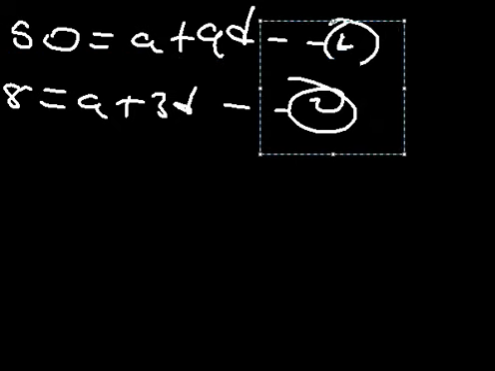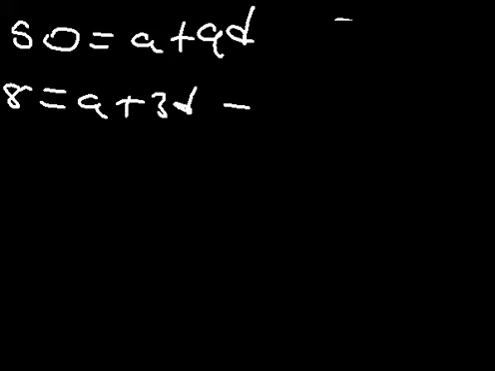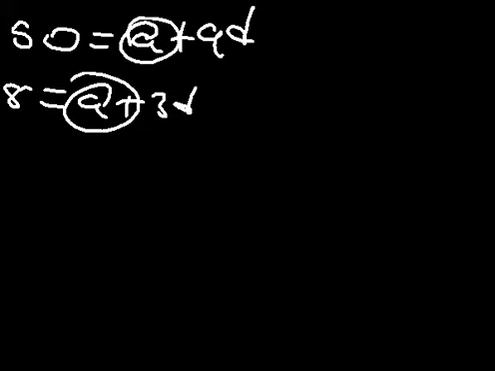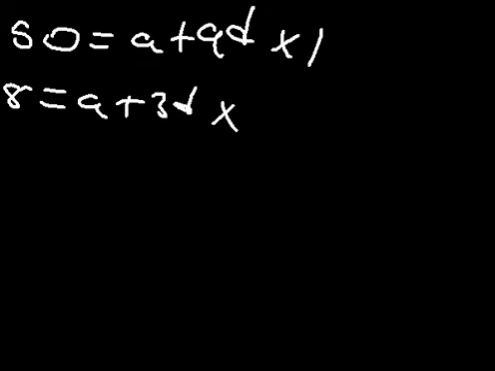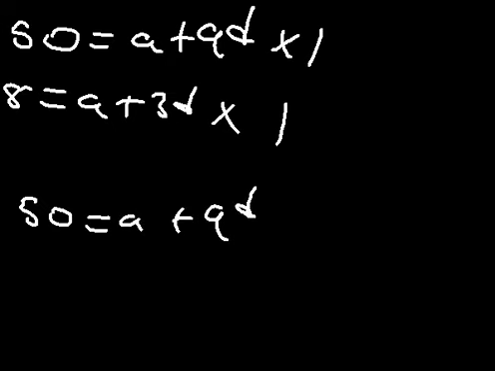So how should we be able to find the first term as well as the common difference in that way? Let's use the elimination method. As you can see, we have single a's in both equations. So we multiply this one by 1 and also this one by 1, of which we have 50 is equal to a plus 9d, and 8 is equal to a plus 3d.